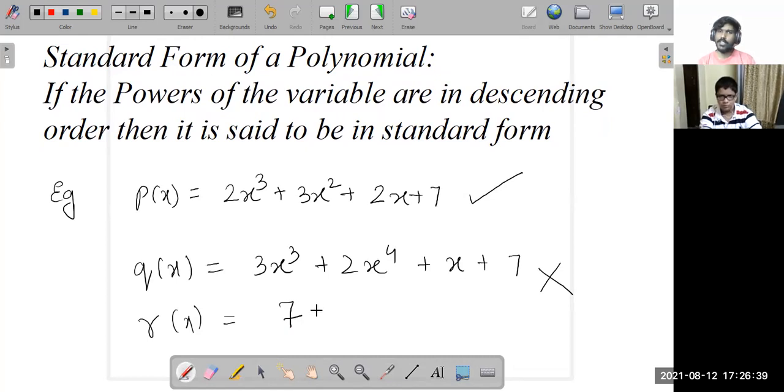No, sir. There is just one term, that means x raised to 0, and there is nothing. So you cannot say whether it is decreasing or not. Just one term is there. You cannot say if it is increasing or decreasing. So even if it is just one term, it will be in the standard form, because you cannot say it is increasing or decreasing. So you can assume it will be decreasing.